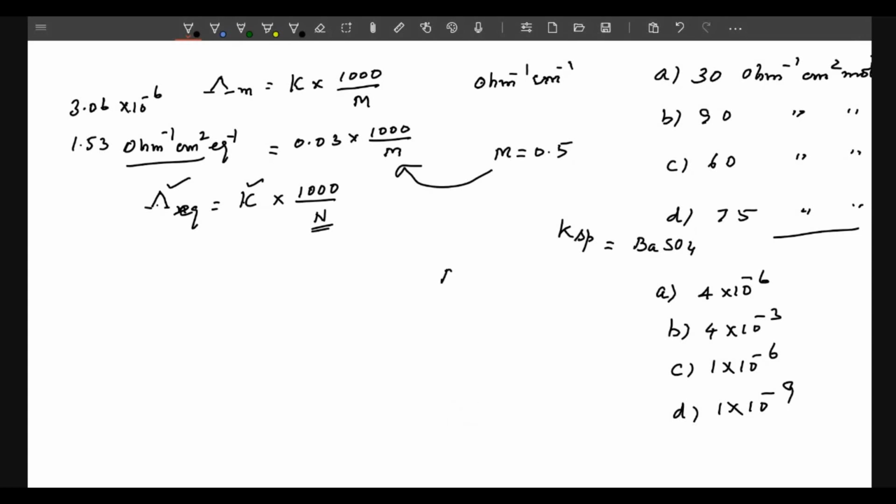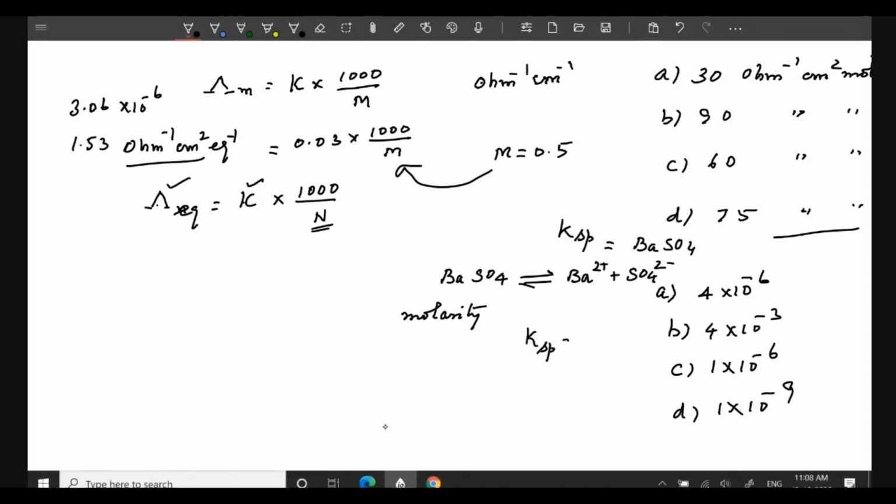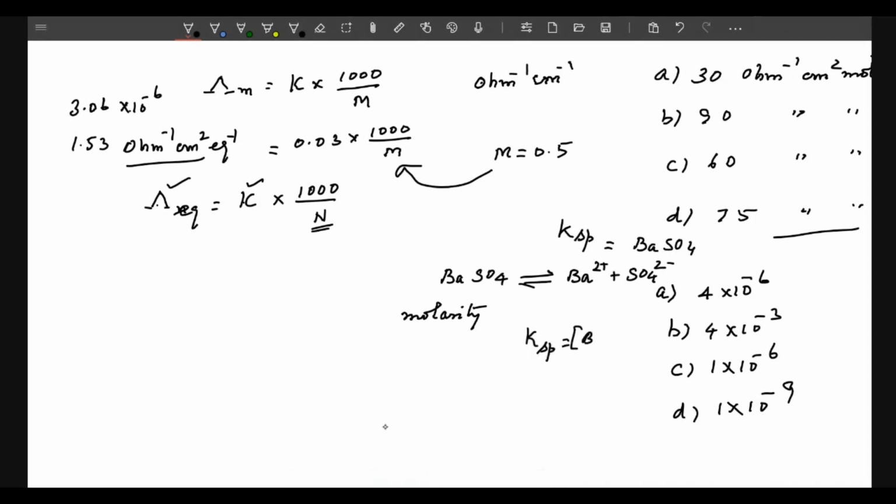Normality of the barium sulfate solution you have calculated. If you know the molarity of the barium sulfate solution, you can calculate the solubility product. The solubility product is the barium 2 plus ion and sulfate ion concentration. Therefore, Ksp of barium sulfate is the concentration of barium ion into the concentration of sulfate ion.